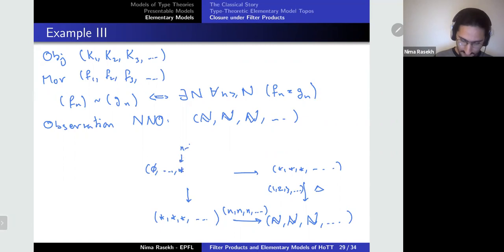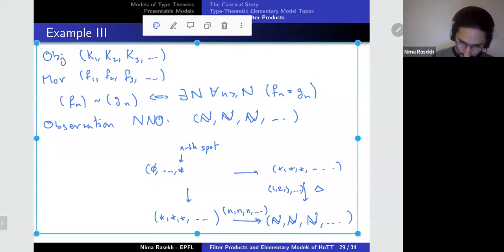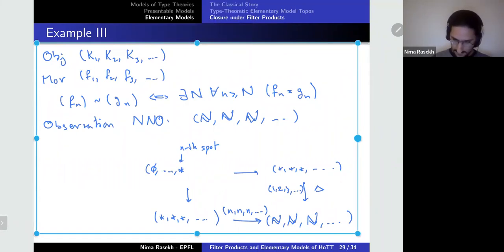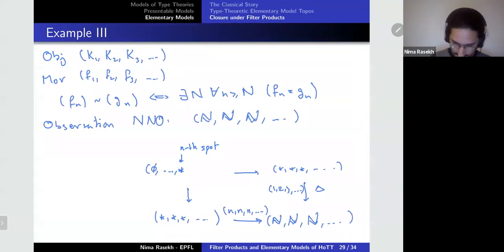This is the nth spot. Oh, sorry. Well, this is cool. I didn't know it could do that. Okay, and then empty. There you go. And this is just the empty object because it's eventually empty.